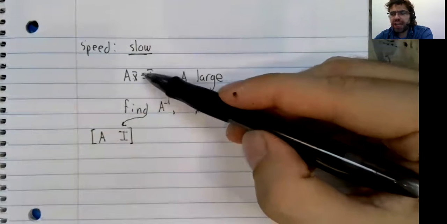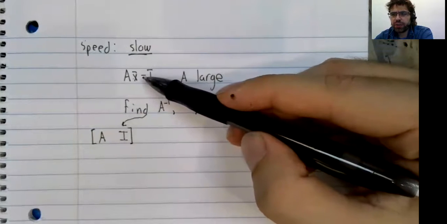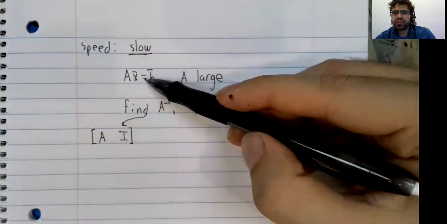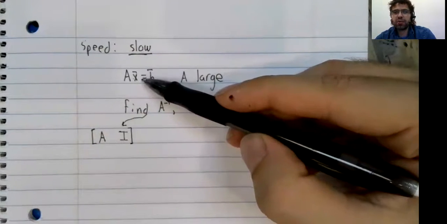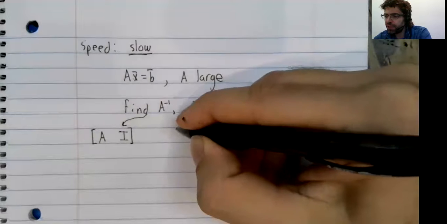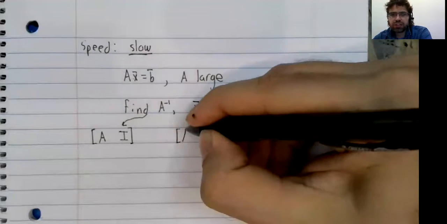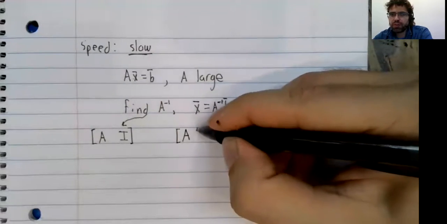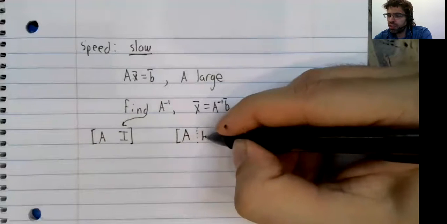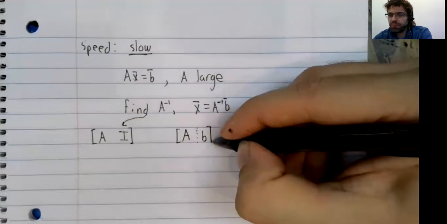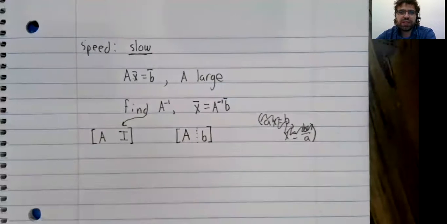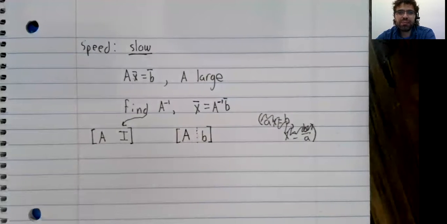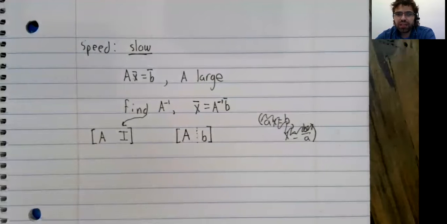Meanwhile, we already had a way of solving the matrix equation AX equals B. In particular, we performed Gauss-Jordan elimination on the augmented matrix AB. The bigger the matrix, the slower the Gauss-Jordan elimination.